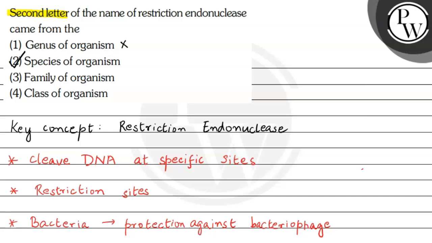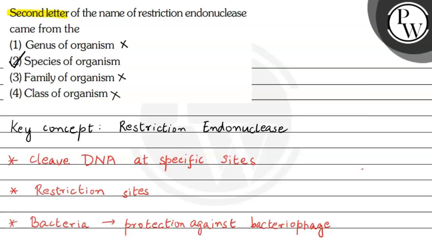The third option, family of the organism, is not considered in the naming of the restriction endonuclease, so this is incorrect. The fourth option, class of the organism, is also not considered in the naming, so this is also incorrect.